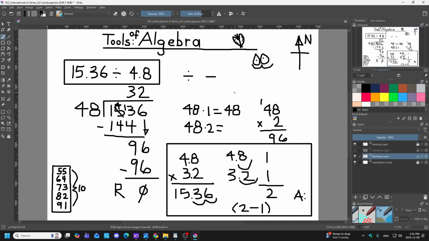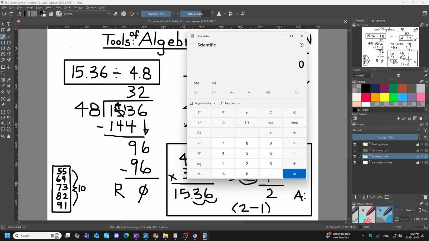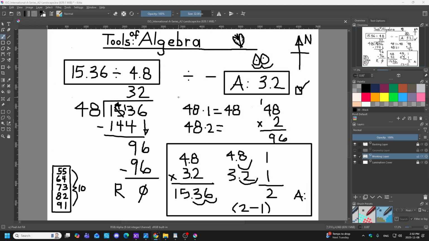So our answer is 3.2. $15.36 divided by 4.8. If that is the answer you got, great job.